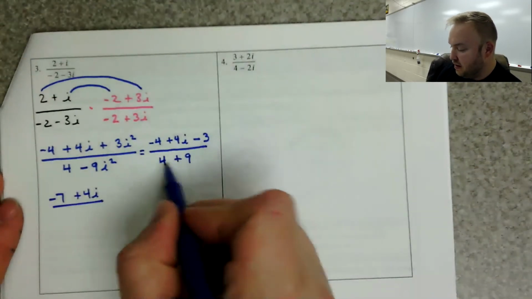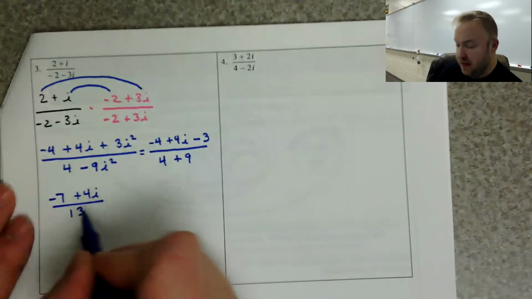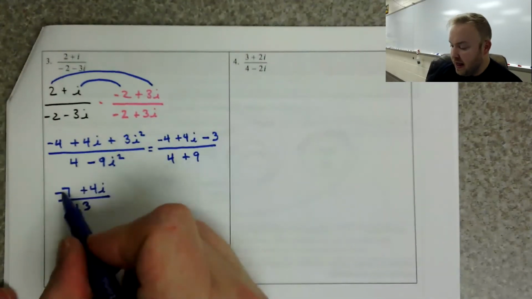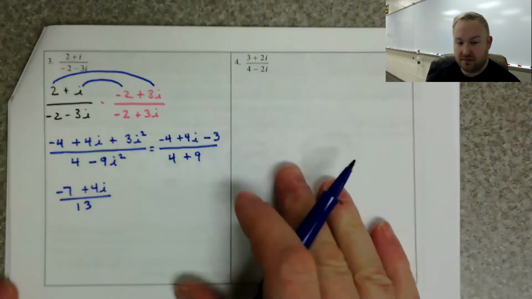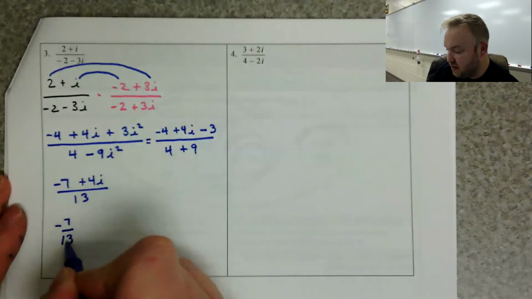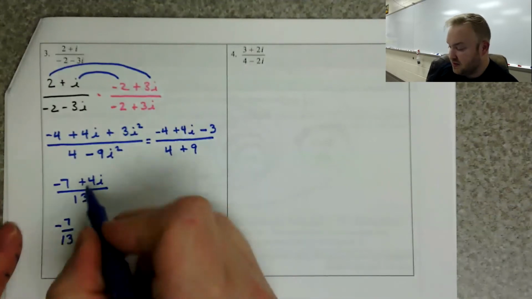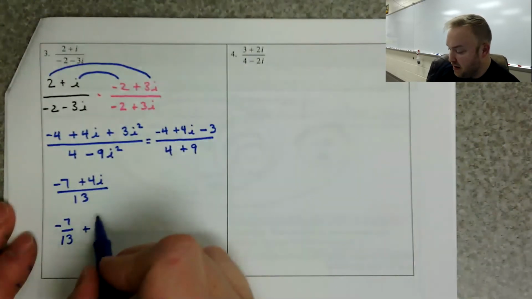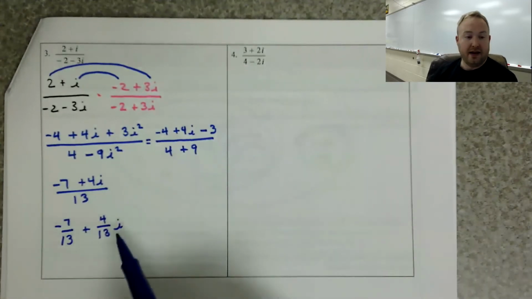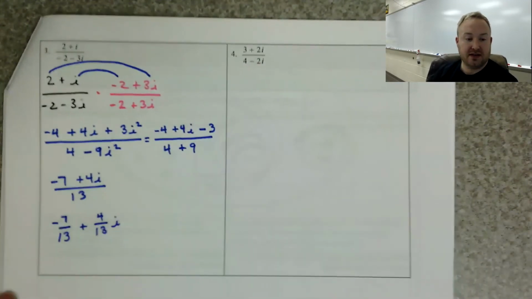In my denominator, 4 plus 9 is 13. There's that real number in the denominator that we were going for, and now we distribute the division. -7 divided by 13 is just -7/13, plus 4i divided by 13 is just 4/13 i. Again, writing that as a coefficient times i.